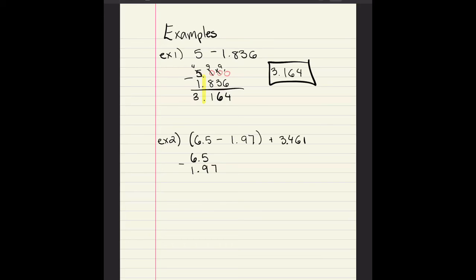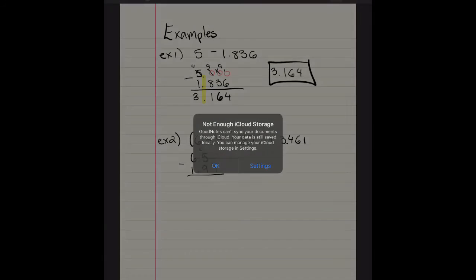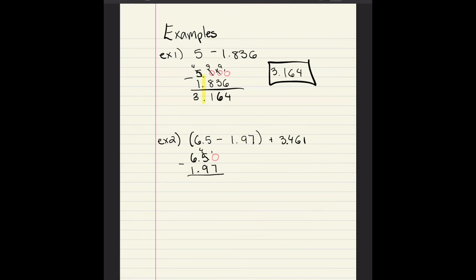I wasn't organized there. So I need to add my invisible 0 in, and then I can start subtracting. So 5, take away 1, 10 minus 7 is 3. 4 minus 9, can't do that, so we need to borrow from 6, which becomes 5. Then this becomes, oops, nope, my bad.